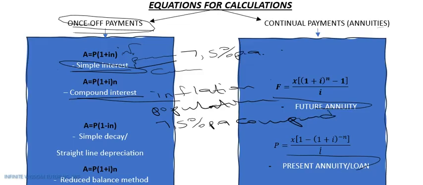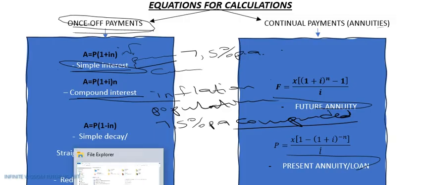It could be monthly, it could be yearly, but the minute you see compounded, you know that you have to use the compound interest formula. First it should be a once-off payment, then once you see compounded, you know that it is compound interest.